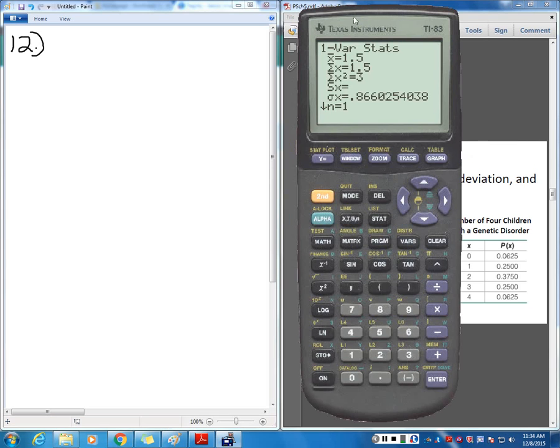That gives me my statistics, or at least 2 out of 3 of them. In this case, we use mu for probability distribution's mean, so mu is 1.5, and sigma, we'll round that, is 0.9.